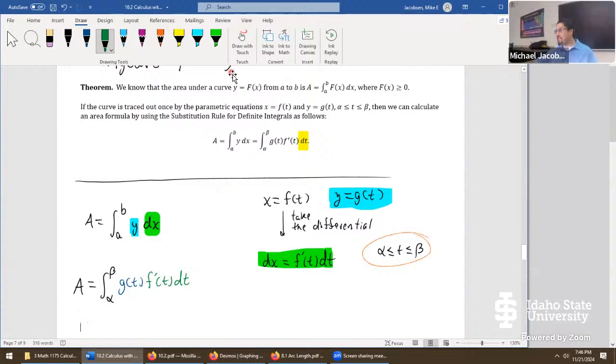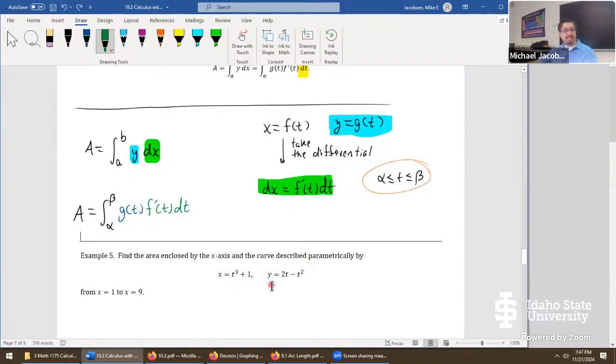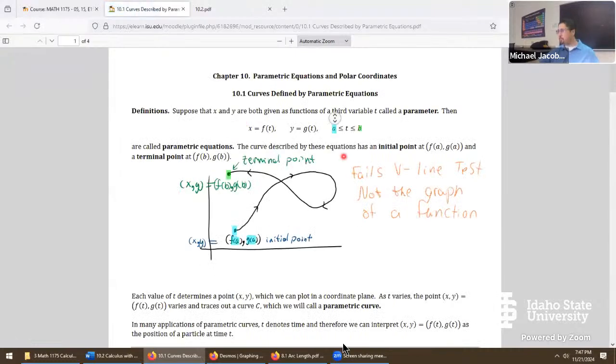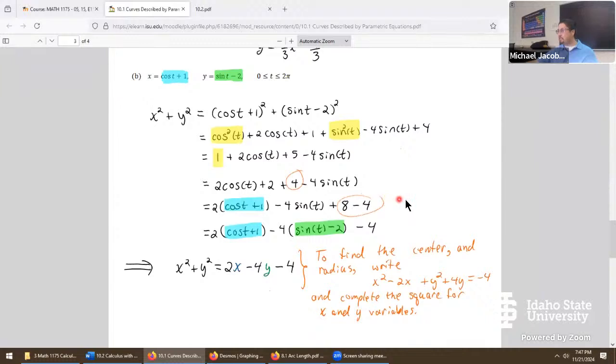Yeah. So we're taking something like this, and instead of just integrating the function f of x, we're dealing with the parametric equations directly. And the only reason you would ever want to do that is if that function is actually missing. So like in this problem right here, we don't have a clue what y is as a function of x. We could go backwards to section 10.1 and do some really hard work of eliminating the parameter like we were doing in some of these problems.